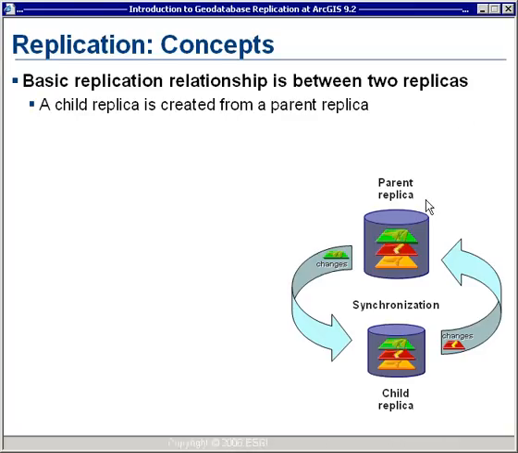When the replica is created, this database is labeled as the parent replica. The geodatabase at the bottom is the destination geodatabase, where the data is being replicated to, and this gets labeled as being the child replica. Together, they're known as a replica pair. Once the replica has been created, you can synchronize the changes between the 2 replica geodatabases.